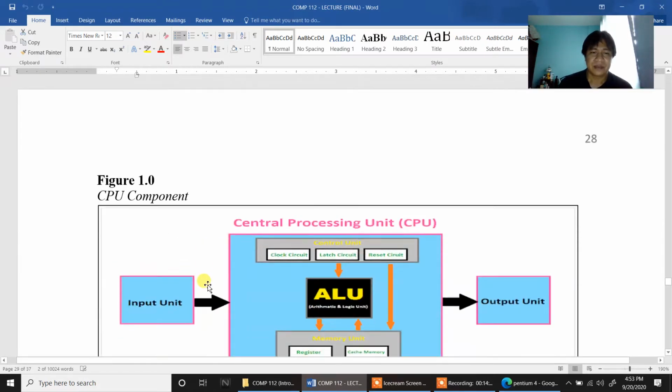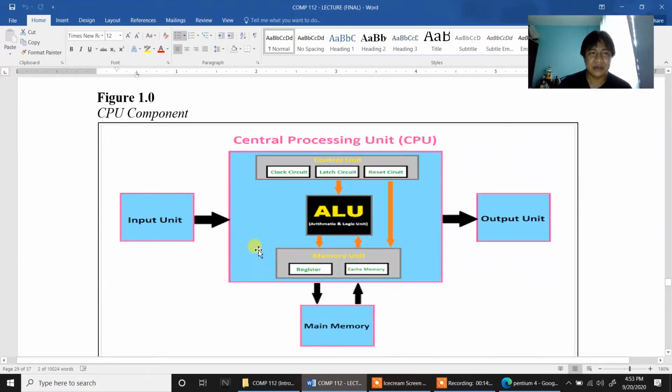Okay? So as you can see here in our illustration of the CPU components, anything that we input is processed in your CPU. From here, the ALU or arithmetic logic unit, the clock circuitry, and then registers and cache memory. They connect to memory to temporarily hold your data.